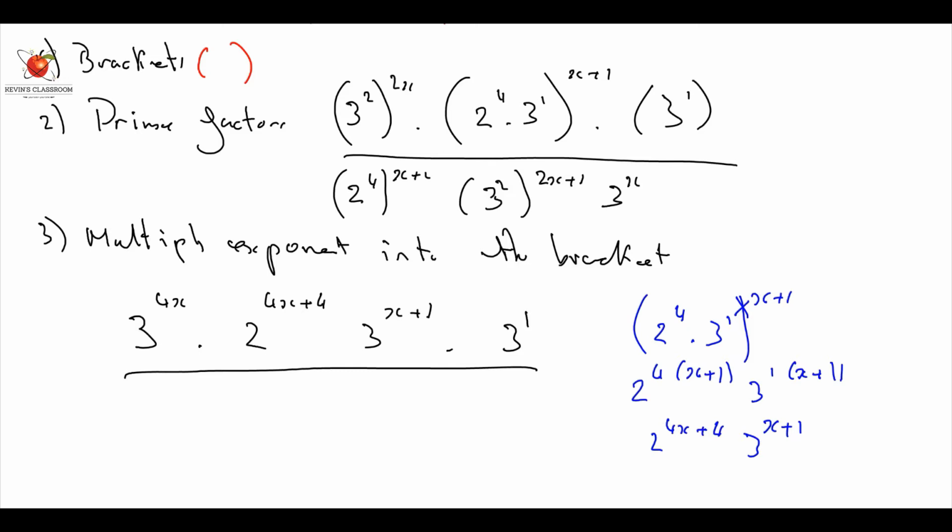At the bottom, I end up with 2 to the power of 4x plus 8, because remember, it's 4 times x plus 2. 4x plus 8 multiplied by 3 to the power of 4x plus 2 multiplied by 3 to the x.